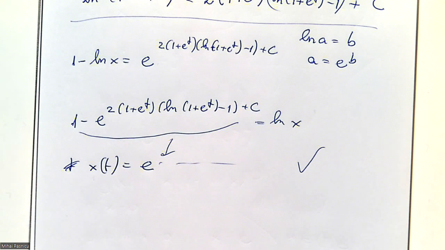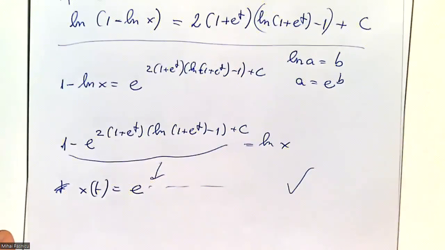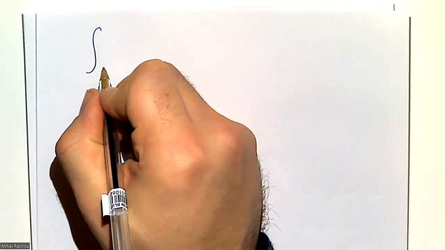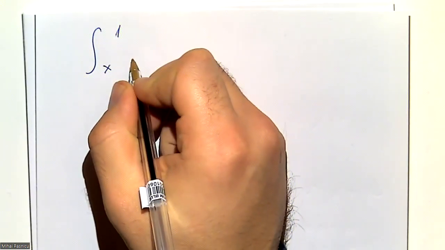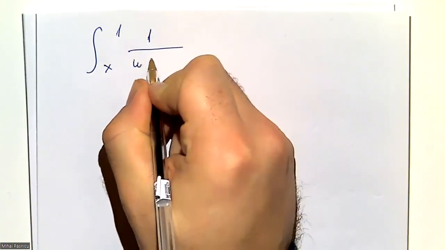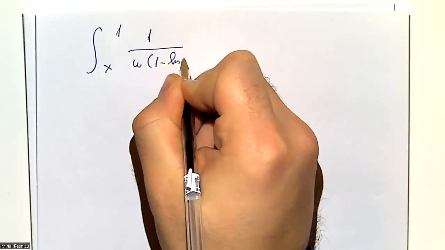The question I got for everyone is: I have the integral from, I think it was x to 1, doesn't matter, of 1 over u times 1 minus ln of u du.